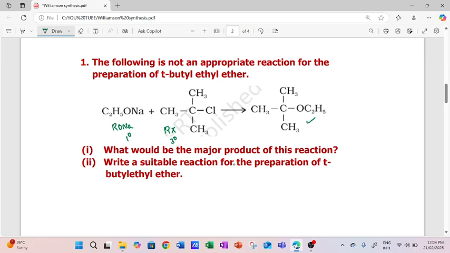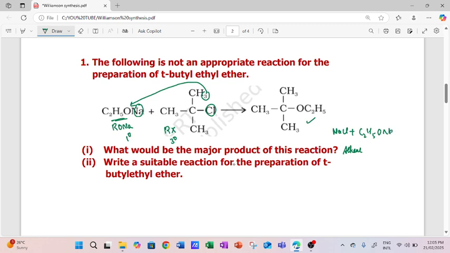So question number one is, what would be the major product of this reaction? It is an alkene. Sodium chloride will be leaving as one of the byproducts, and the C2H5O accepts one hydrogen from here.